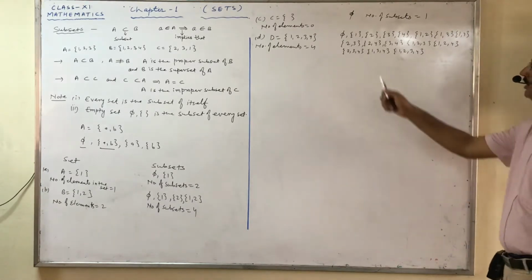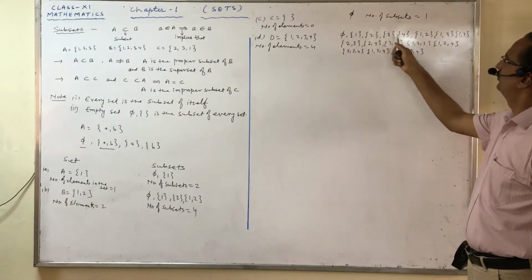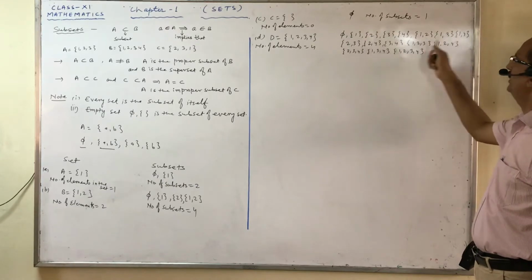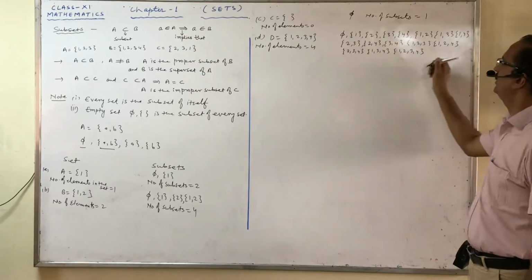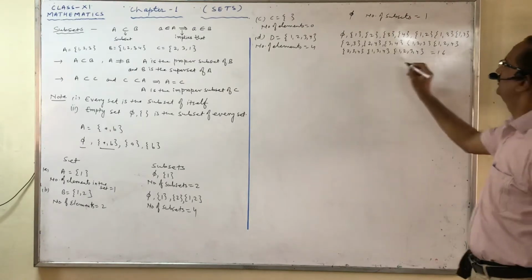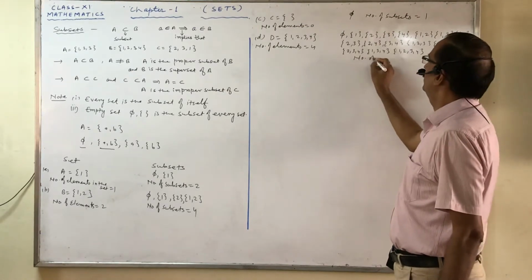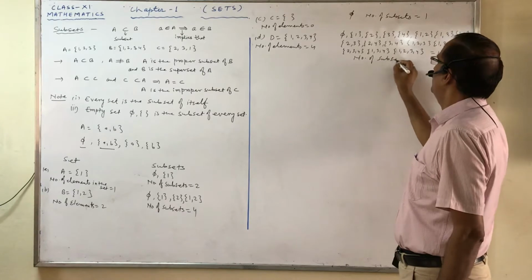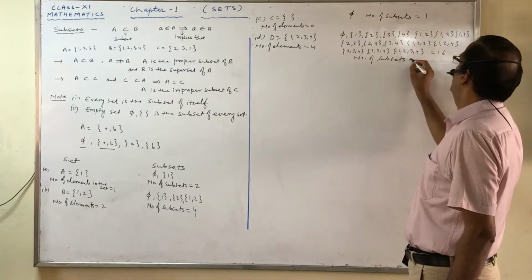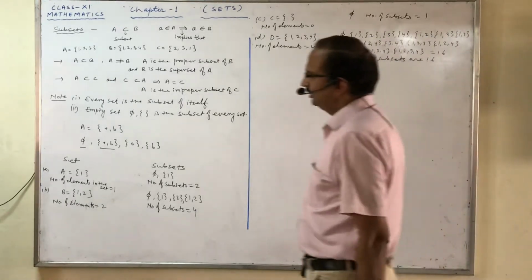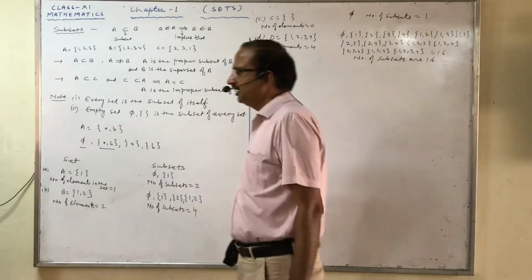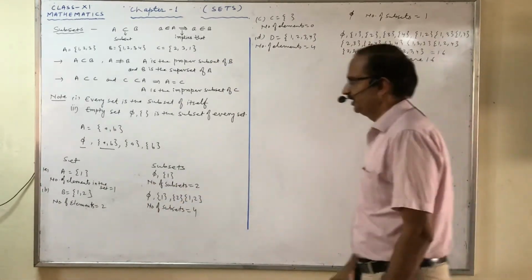Now count these: 1, 2, 3, 4, 5, 6, 7, 8, 9, 10, 11, 12, 13, 14, 15, 16. It means the number of subsets are 16. Now correlate the number of elements in the set and the number of subsets.